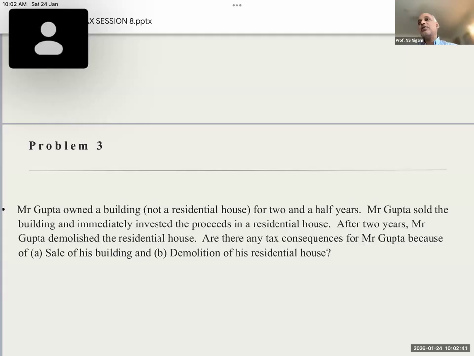The second one is that look how courts distinguish their own cases, right? In the Vanya Silk Mills case, they said that even though the definition of transfer explicitly includes extinguishment of rights in an asset, even then, if the asset is destroyed as a result of fire, etc., and you get insurance proceeds, if the asset goes out of existence, there's no transfer.